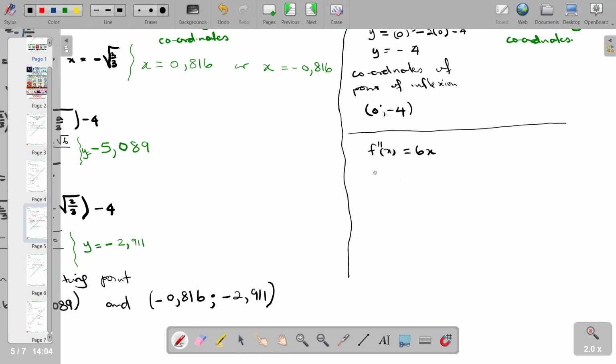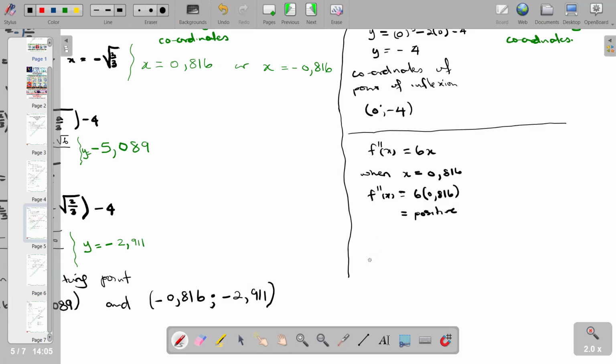So when x is equal to 0.816, the second derivative will be equal to 6 multiplied by 0.816. Since the answer that you are going to get here is positive, it therefore means this is a minimum point.